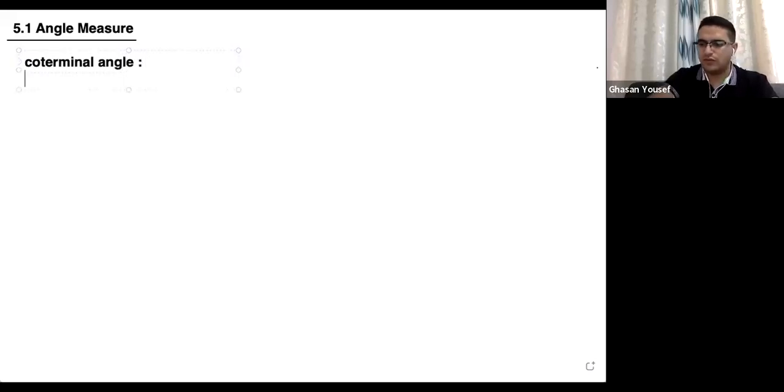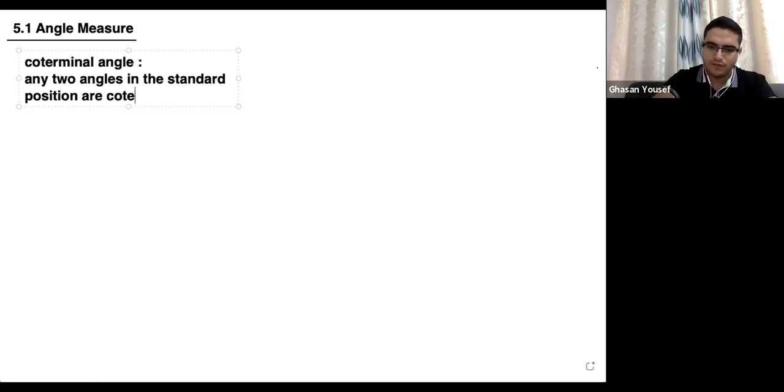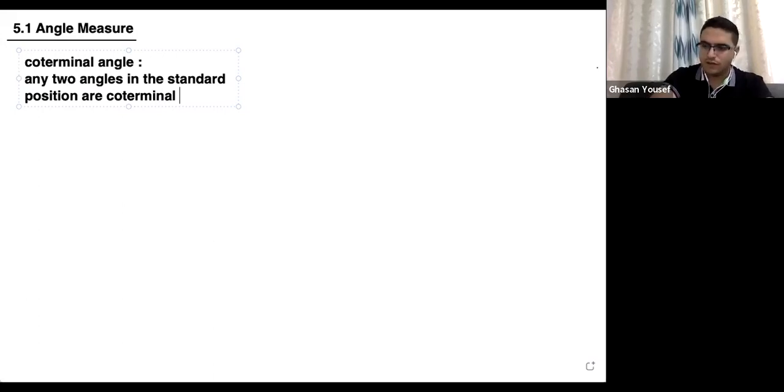So I'm going to define the coterminal angle: any two angles in the standard position are coterminal if their sides coincide.